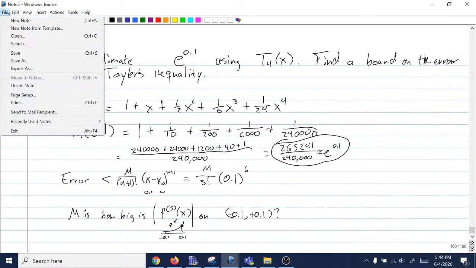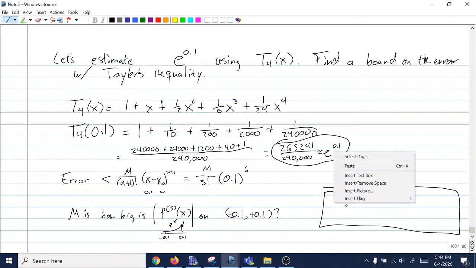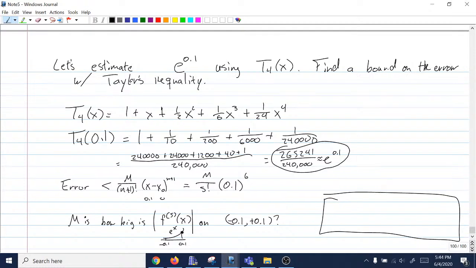If I'm writing this up for an exam, I should try to justify this inequality, since e is less than 1,000. E to the 0.1 is less than 2. I guess 1024 is 2 to the 10.